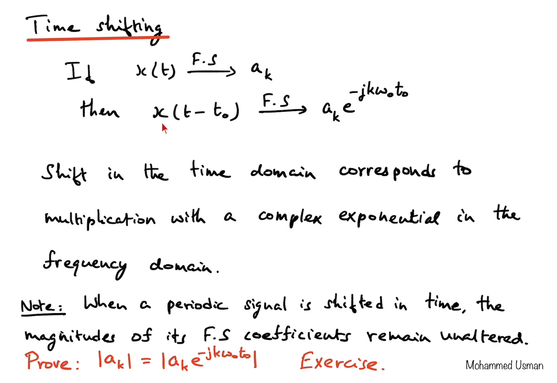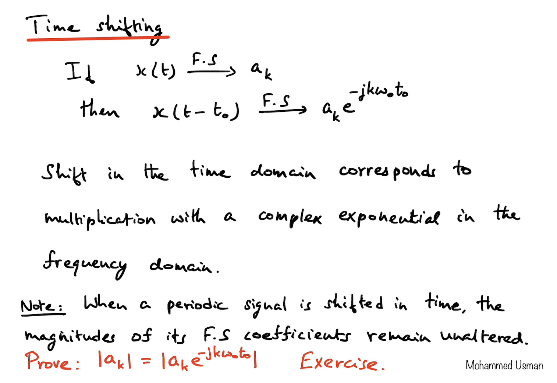So if we shift x of t by t naught, then the corresponding Fourier series coefficients get multiplied with the complex exponential. That means we say that a shift in the time domain corresponds to multiplication with the complex exponential in the frequency domain.